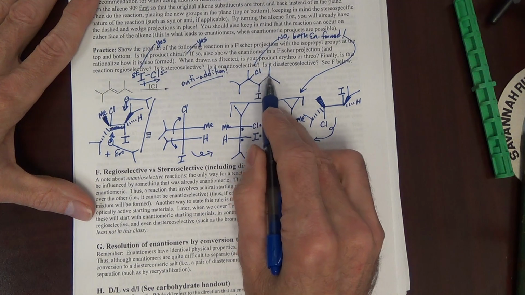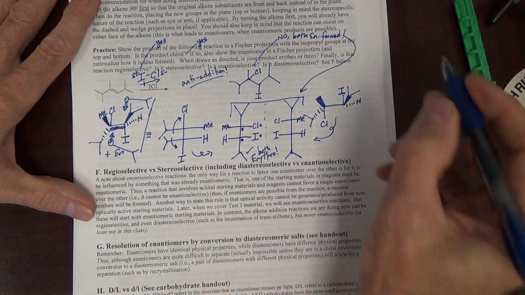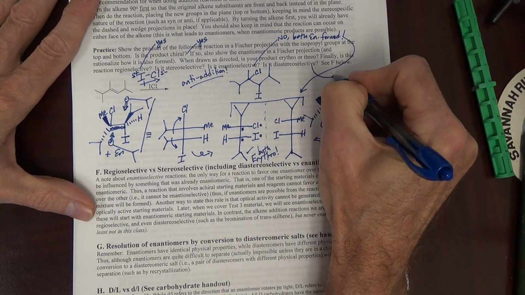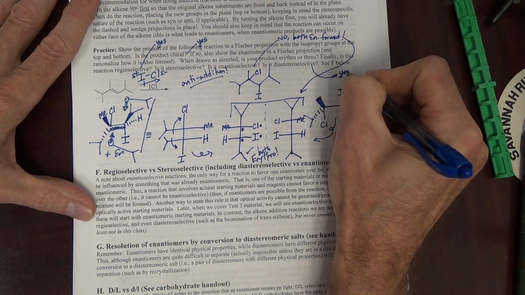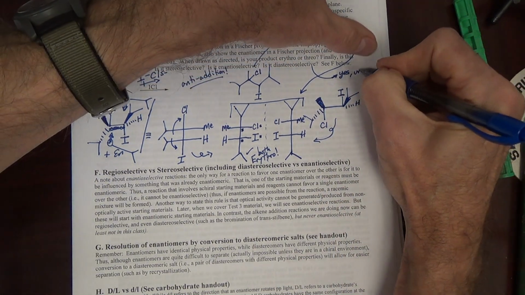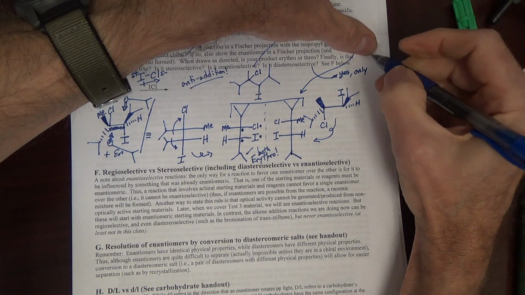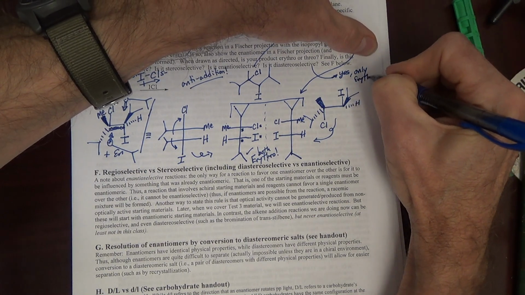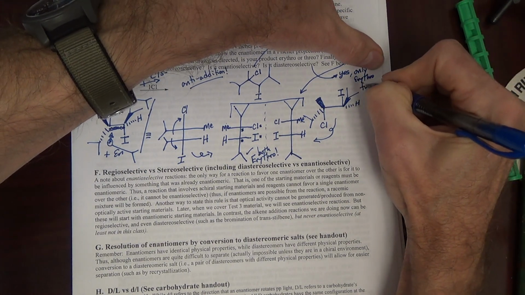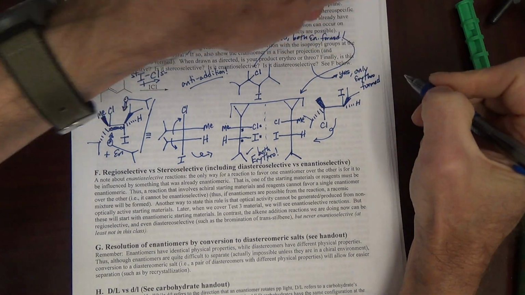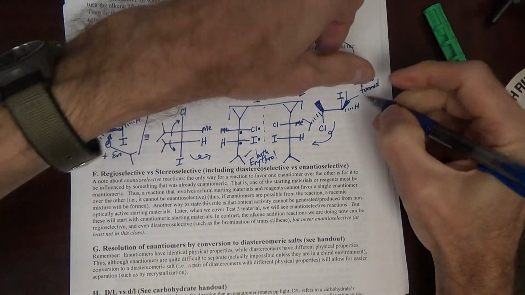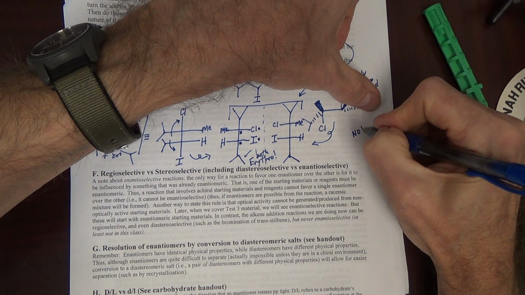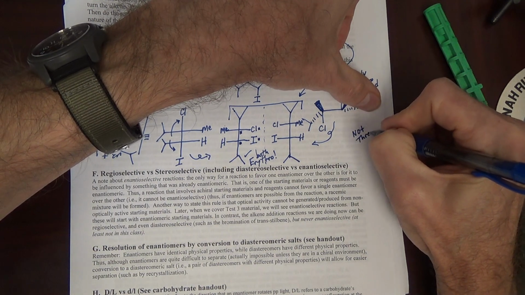Next, is this reaction diastereoselective? The answer is yes. Only erythro formed, not threo.